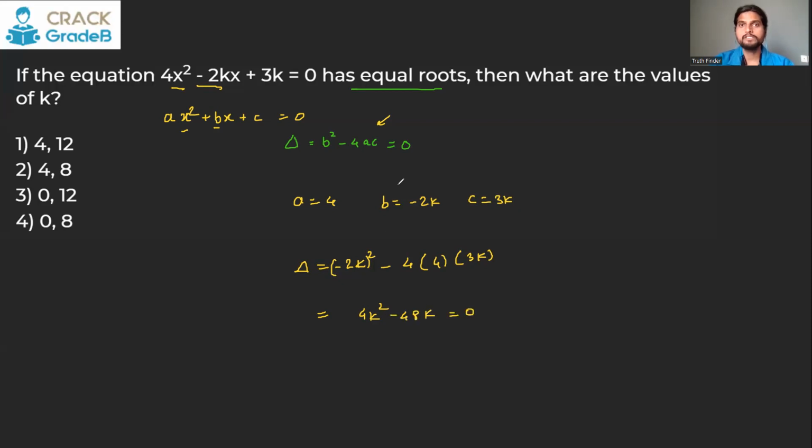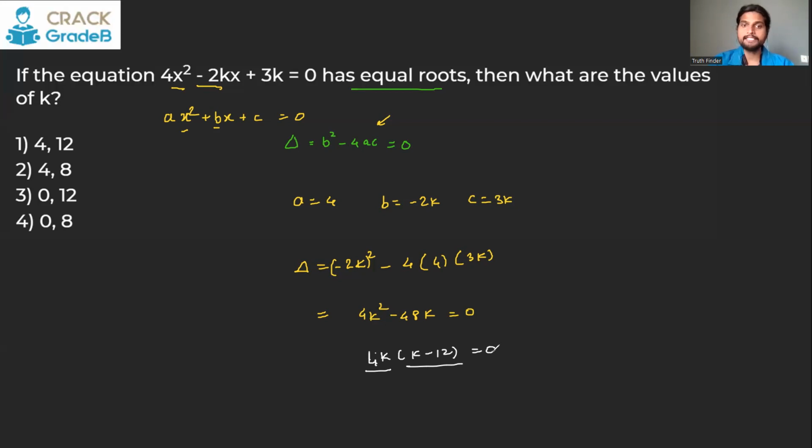That should be equal to 0. So if you take 4k common, we are left with k minus 12. So either this is 0 or this is 0.